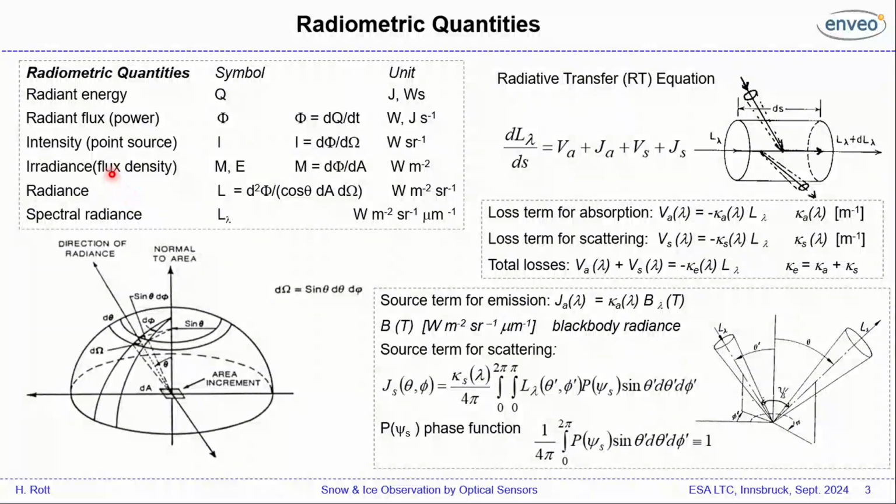And then the other one is radiance, or spectral radiance, which is radiation directed into a narrow beam.